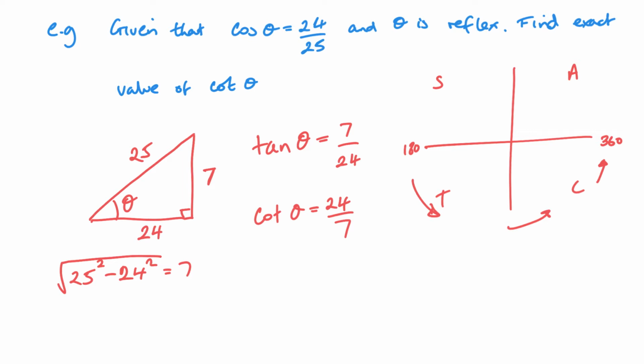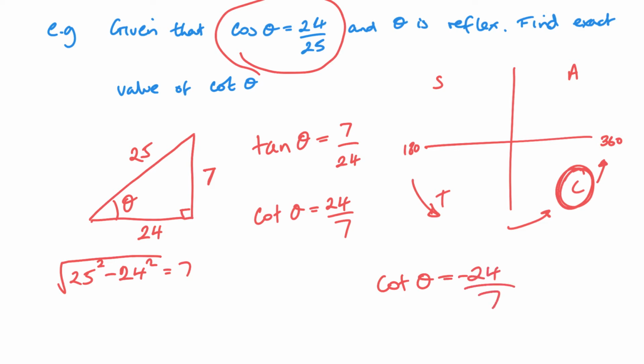So if I look up here, I can see that cos theta is positive. So if I'm looking in these two sections, there's only one section where cos would be positive, and that's this section. So I can immediately say this is the section I want. And in this section, tan is negative, therefore cot is negative. So finally my cot theta is minus 24/7. And that would be my final answer there.